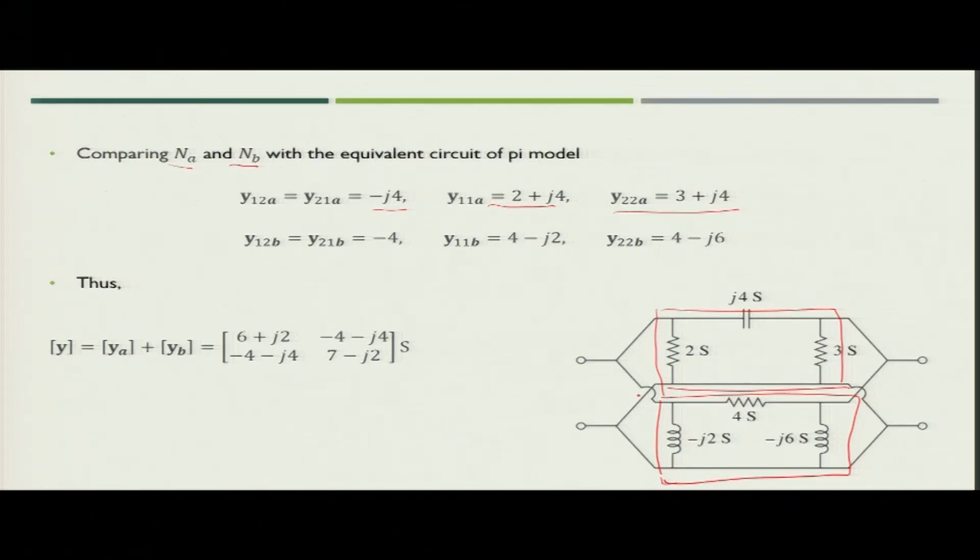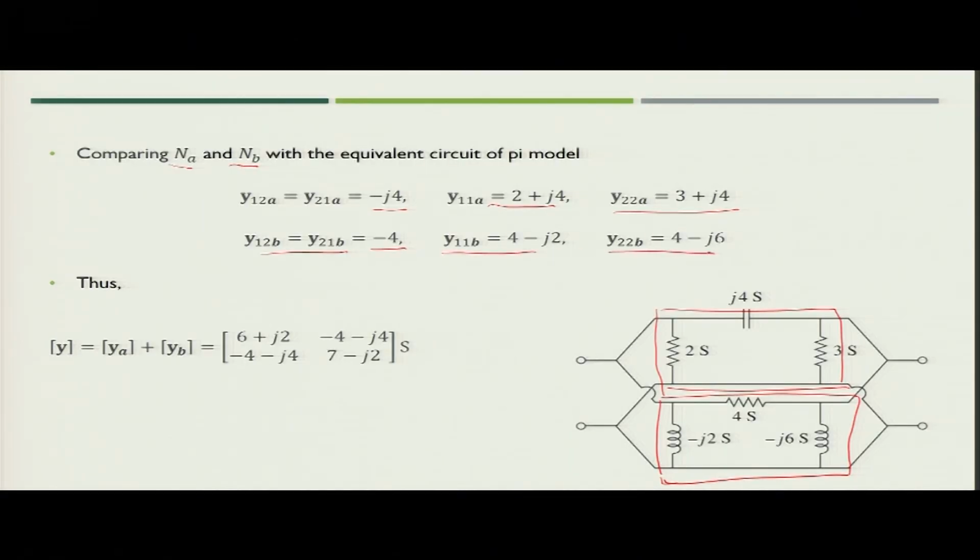Similarly, for the second two port, Y12B is equal to Y21B is equal to minus of the resistance connected between the two legs. So, that is minus 4. Y11B is equal to 4 minus J2 and Y22B will be equal to 4 minus J6.